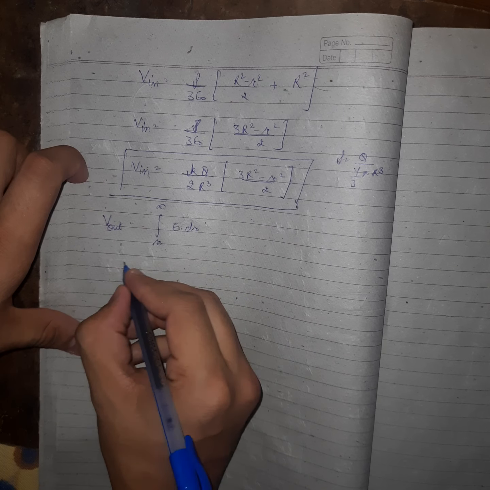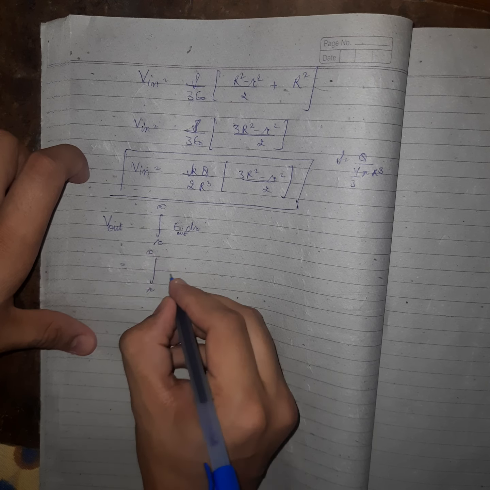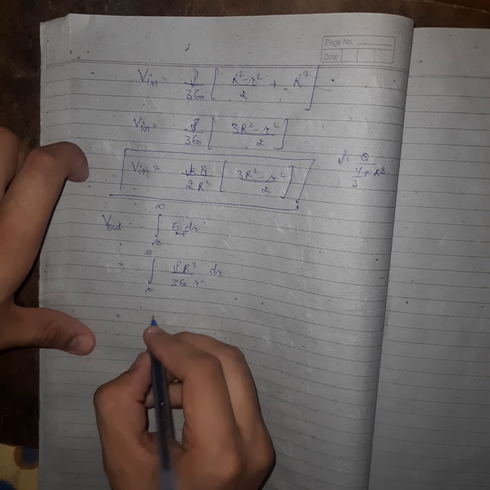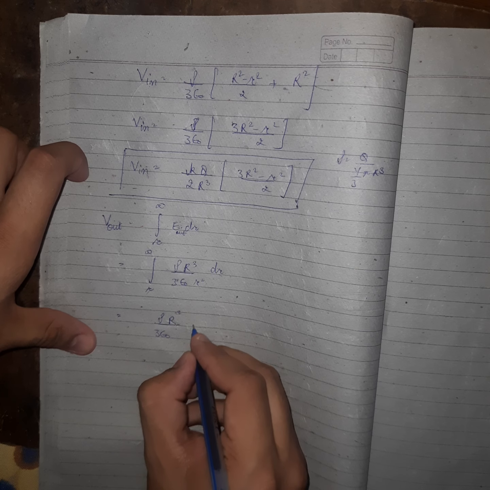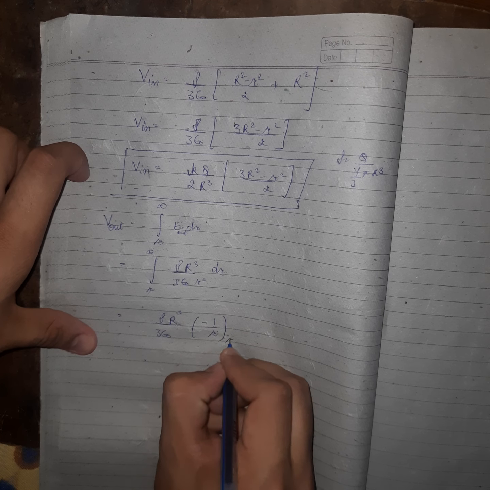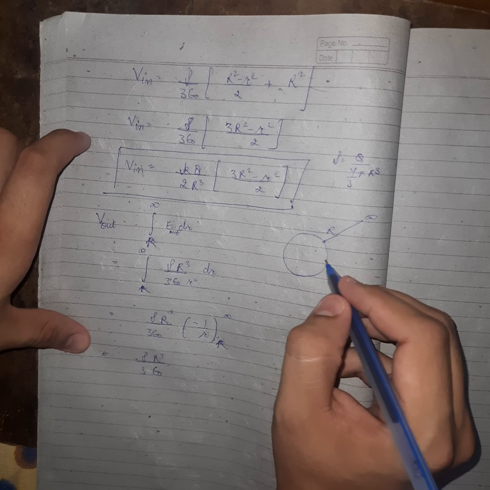Just put the value of E out here and you will get rho R cube by 3 epsilon naught r square dr, with limit from r to infinity, because the outside region is from R to the infinite reference point.